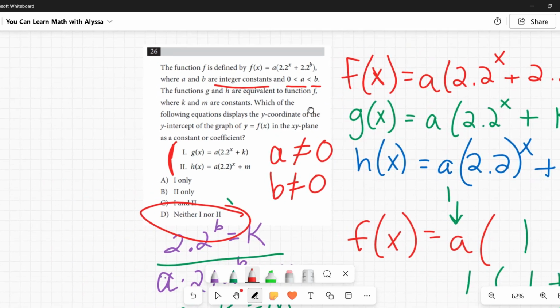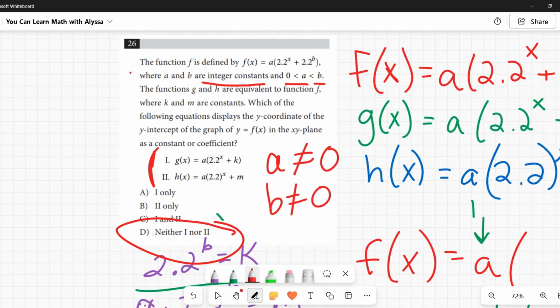So yeah, look around in the practice tests, find the ones that have it as a constant or coefficient. I know I have some of them posted on my channel from the different tests. If you come across them, practice them, get used to it, because especially if you're going for those really high scores and you want to make sure you know everything they can throw at you, this is definitely something they can throw at you.